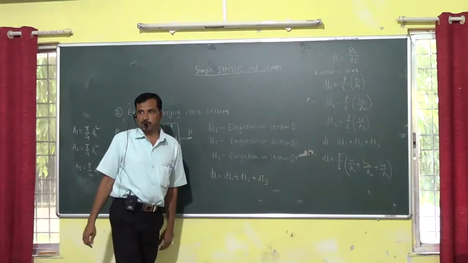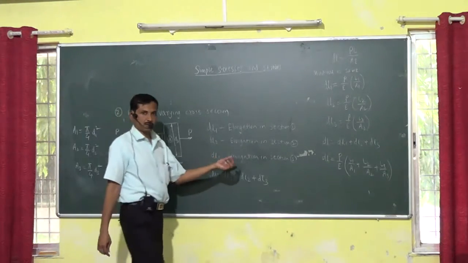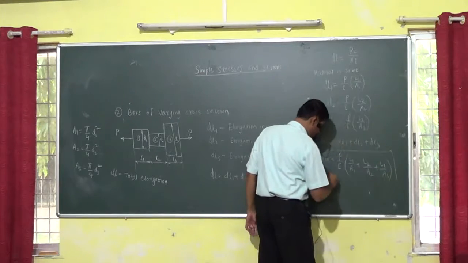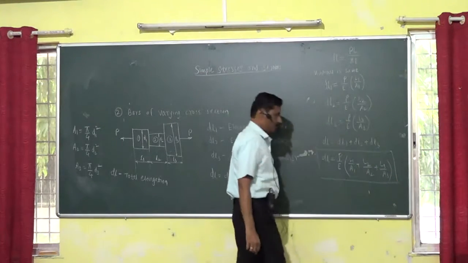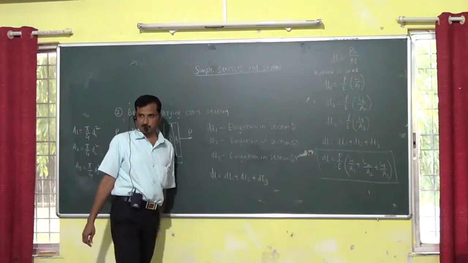So total elongation of the bar will be calculated based on this formula: DL is equal to P upon E into bracket L1 upon A1 plus L2 upon A2 plus L3 upon A3.